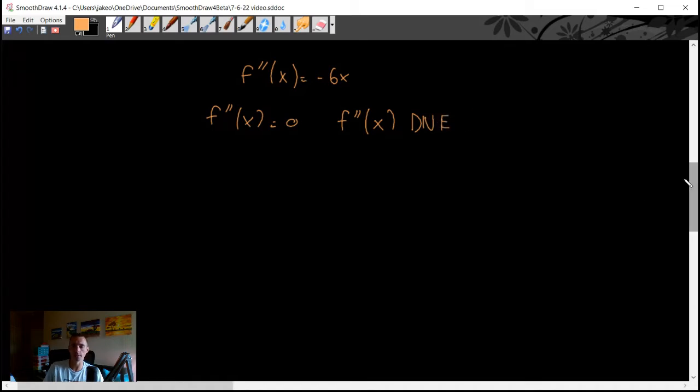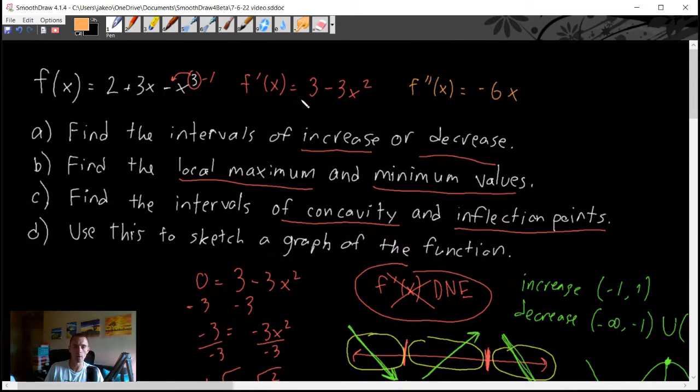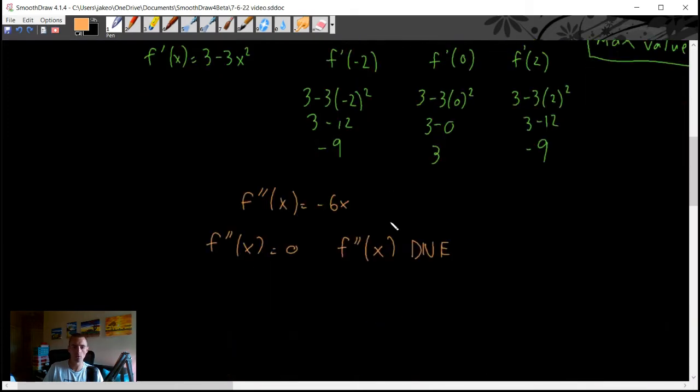In this case, like I said, our original function f of x, our first derivative f prime, and our second derivative f double prime, all three of these functions are polynomials, meaning that all three of them are going to exist for all x values. So as a result, we don't need to worry about where our second derivative does not exist, but we do need to worry about where our second derivative equals 0.